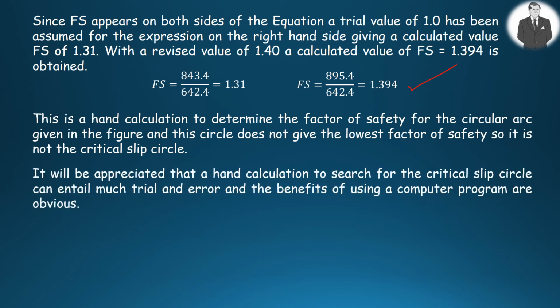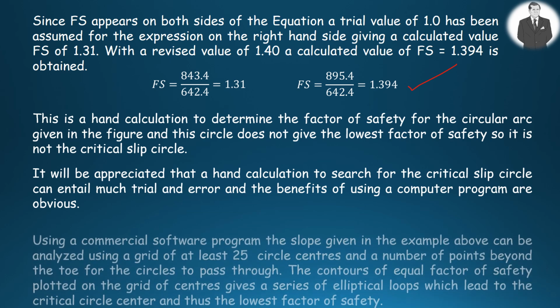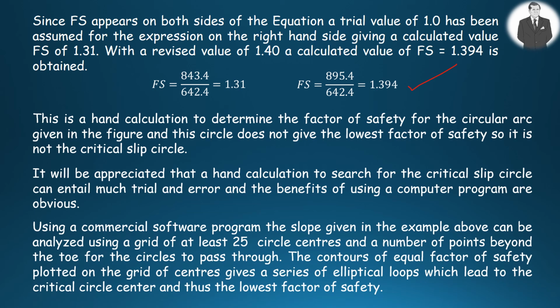It will be appreciated that a hand calculation to seek the critical slip circle can cause much trial and error, and the benefits of using a computer program are unavoidable. Employing a commercial software program, the slope given in the example above can be analyzed using a grid of at least 25 circle centers and a number of points beyond the toe for the circles to pass through.